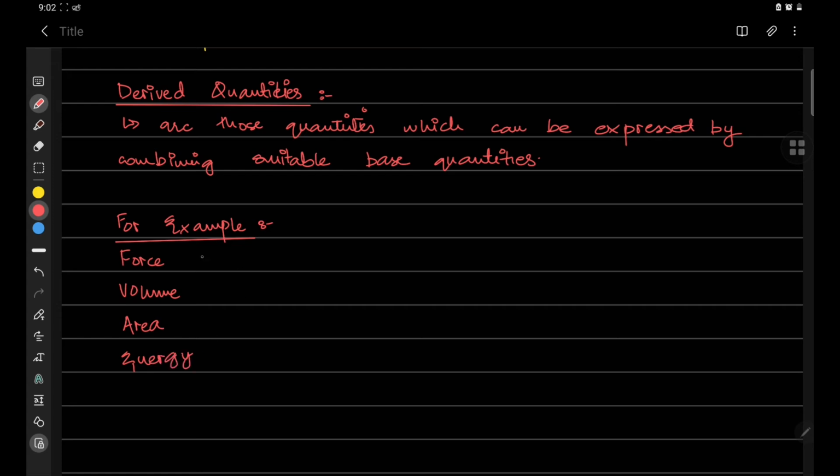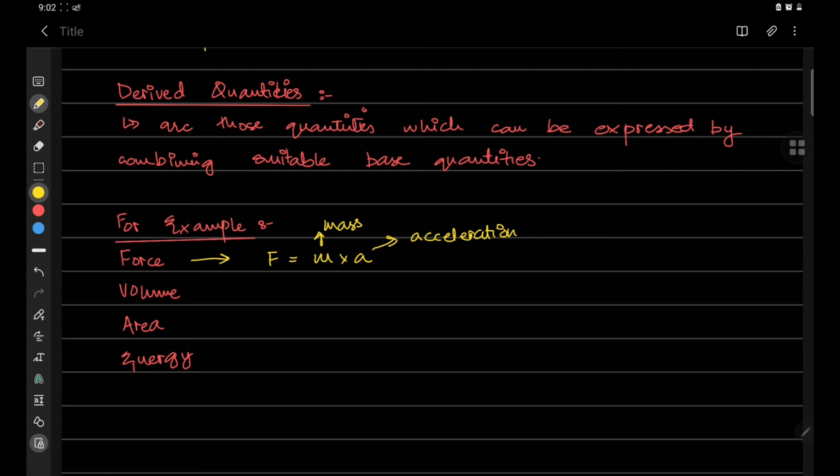I'm going to talk about what these are made up of. When we're talking about force, force equals ma: mass, which is a base quantity, and acceleration, which is a derived quantity, once again consisting of base quantities.